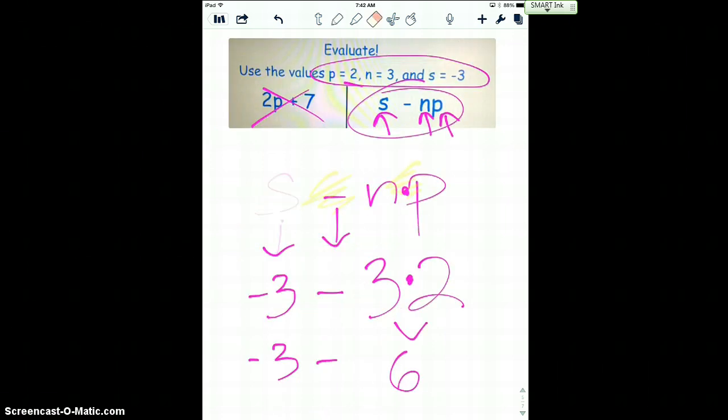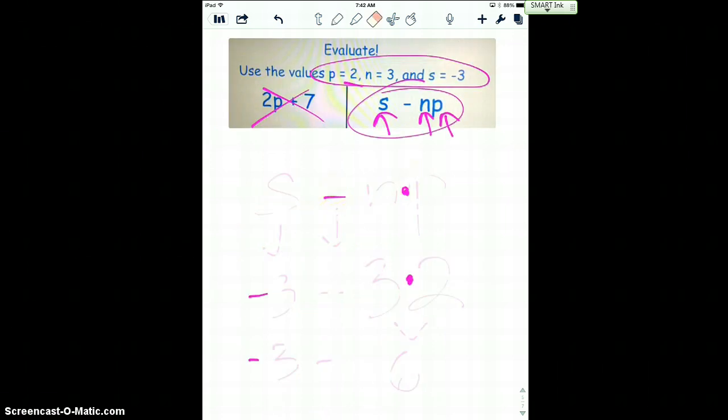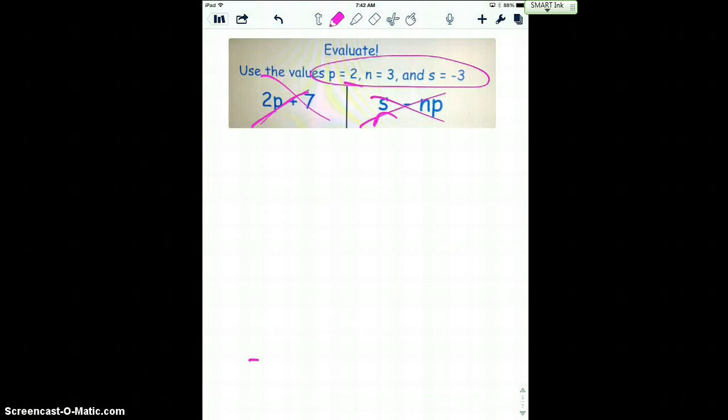All right, let's take a look at another type. So we've worked through this one and this one. Now let's say I have something like s squared minus ns. Same thing.